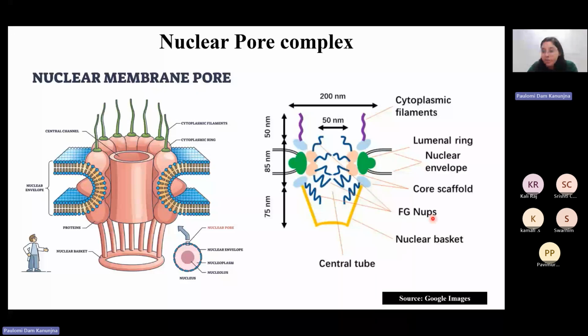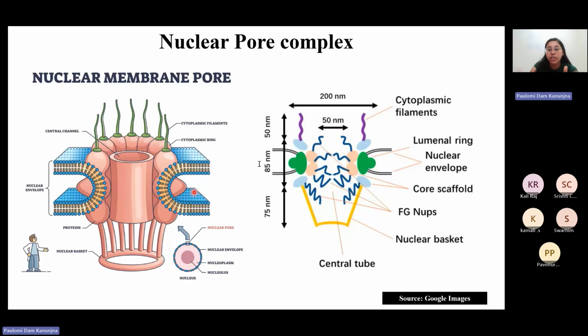Now, my suggestion to you is, in this kind of specific protein names, the function of the protein is in the name of the protein itself. So just try to understand the protein function. That name will be easy for you to guess. So in the nuclear pore complex, the protein is nucleoporins.